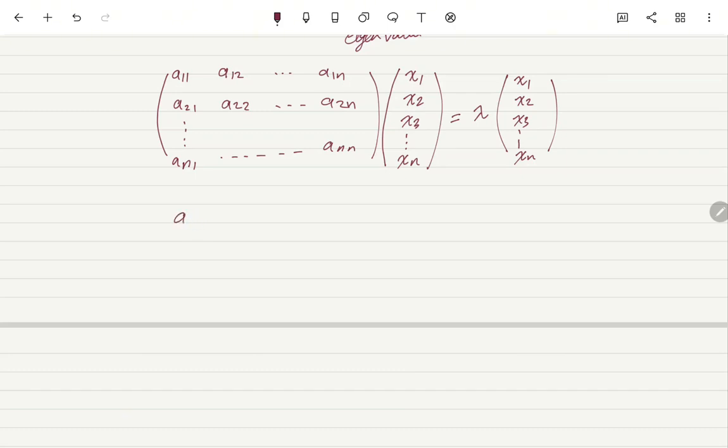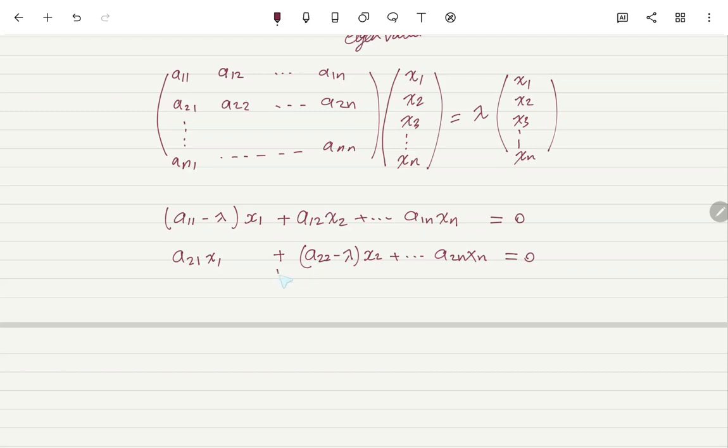If we just move this part here, so a11 minus lambda times x1 plus a12 x2 plus a1n xn, this equals 0, and a21 x1 plus a22 minus lambda times x2 plus a2n xn, this also equals 0.